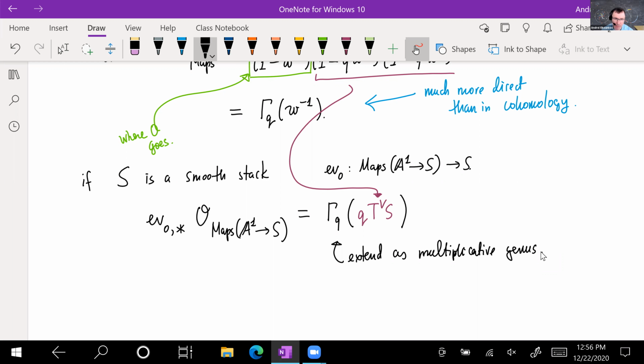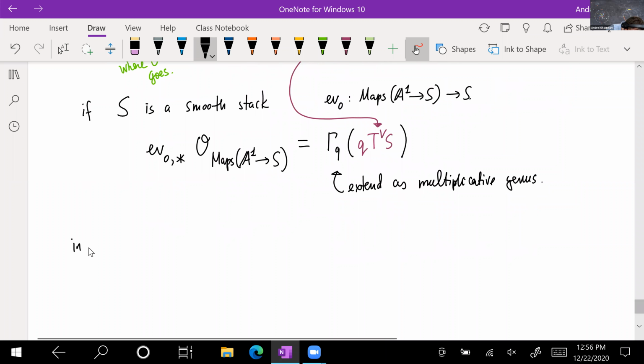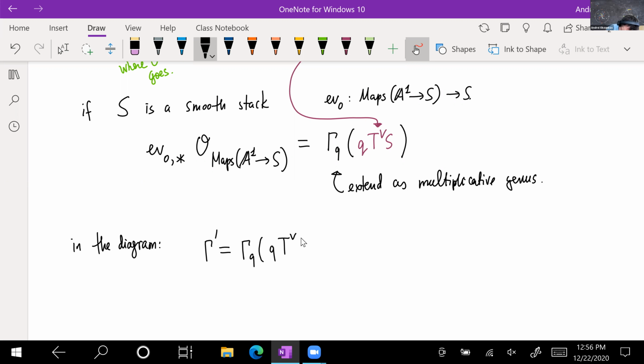make sense? And so now in this diagram, gamma prime is this Q gamma function of Q times T dual of X minus, since it's a stack, minus the dual of the Lie algebra.